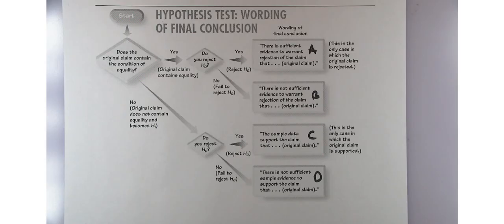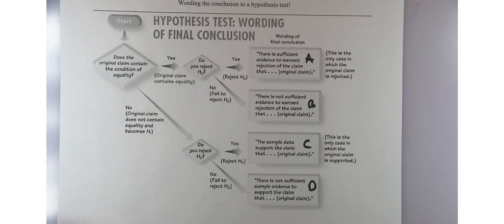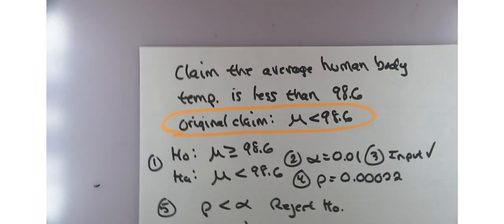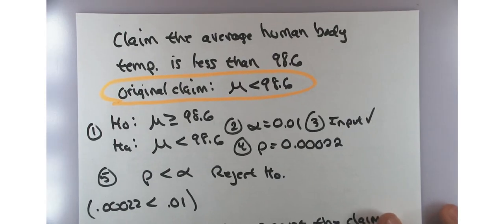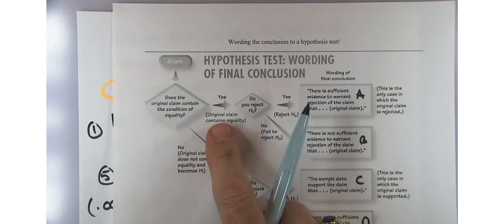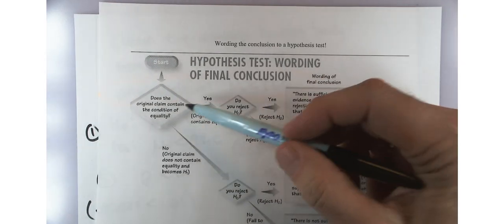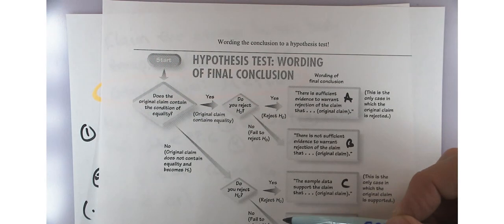Derek, let's work through this together. Does your original claim contain the condition of equality? Does not. All right, so which way am I going to branch? To the right or down? Down.